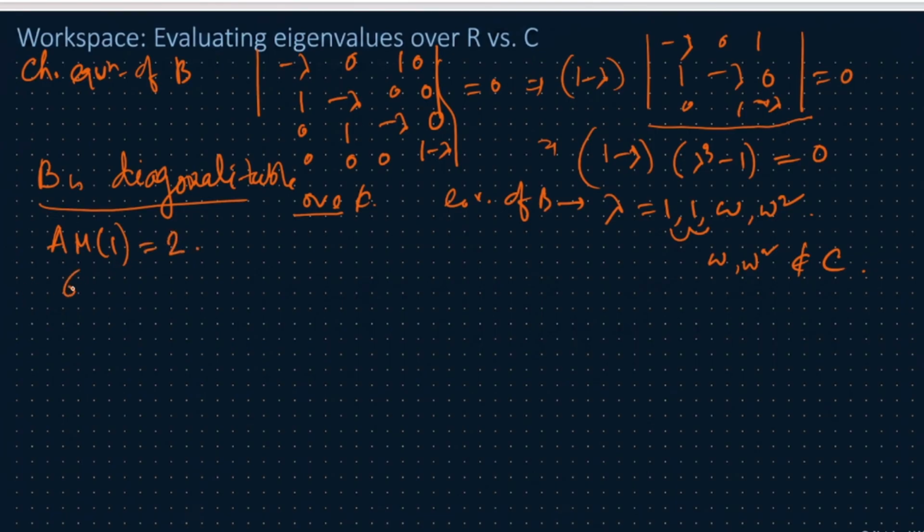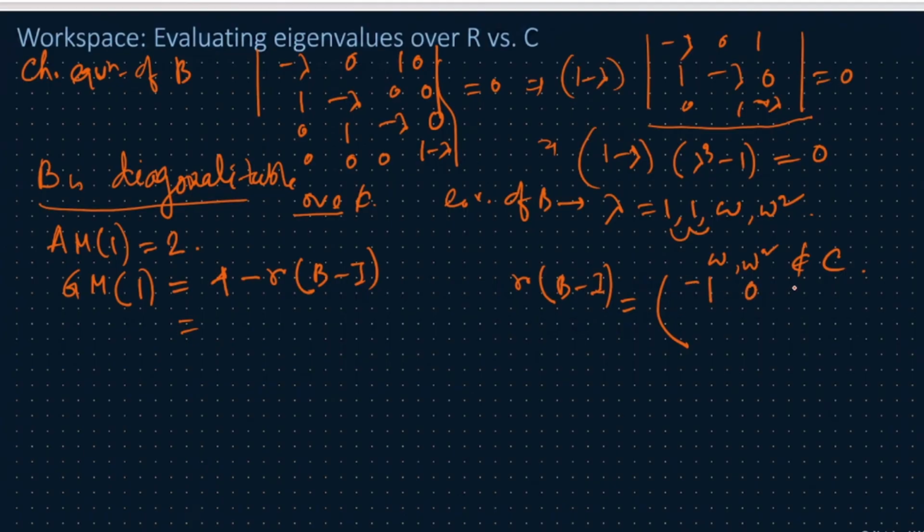Now we have to find the geometric multiplicity of 1, that is n minus rank of B minus lambda I, where lambda equals 1, therefore B minus I. The rank of B minus I, that is the matrix minus 1, 0, 1, 0; 1, minus 1, 0, 0; 0, 1, minus 1, 0; 0, 0, 0, 0.